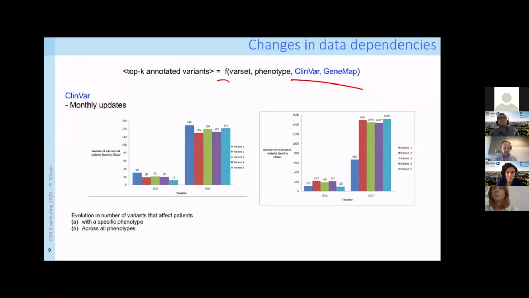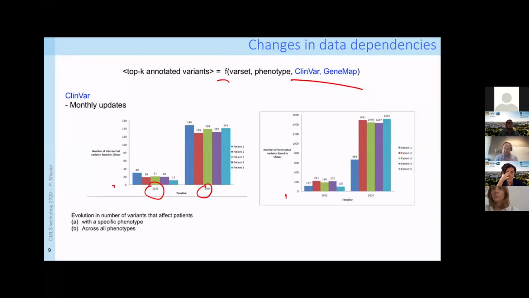I don't know if you can read this, but basically between 2012 and 2014, there has been a spike in the number of variants associated with a particular disease. This is for a specific phenotype, and this is across all phenotypes that were considered in the experiment that we did a few years ago.